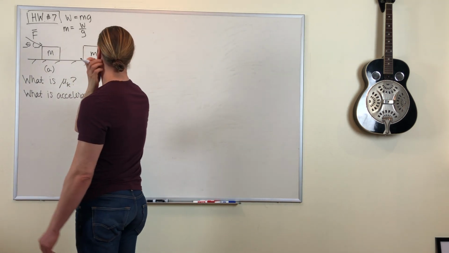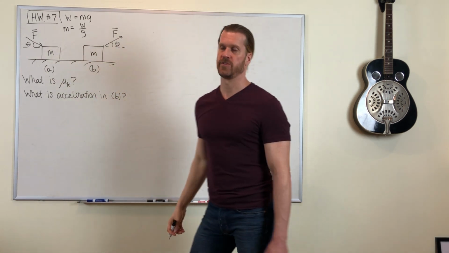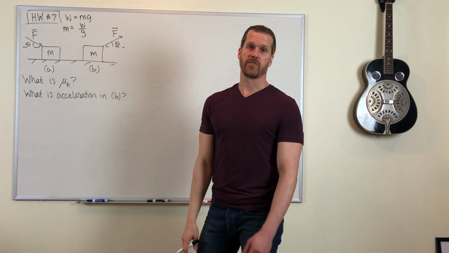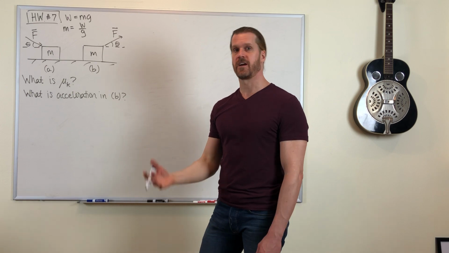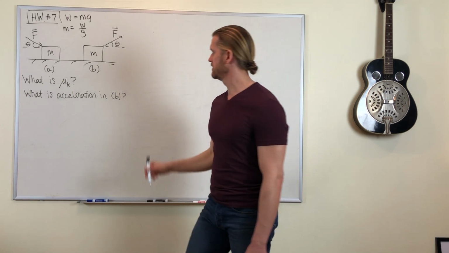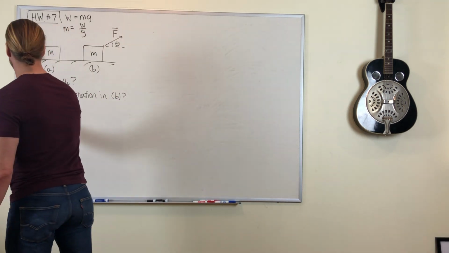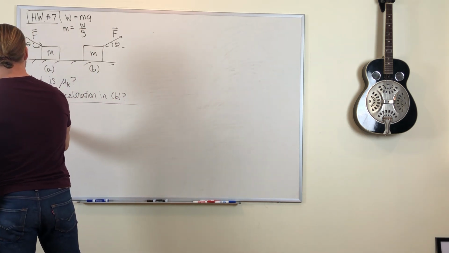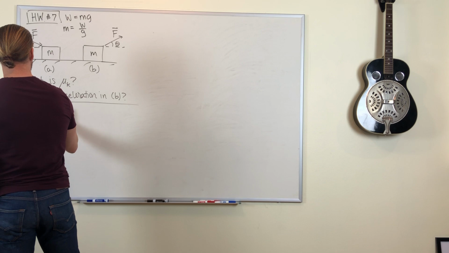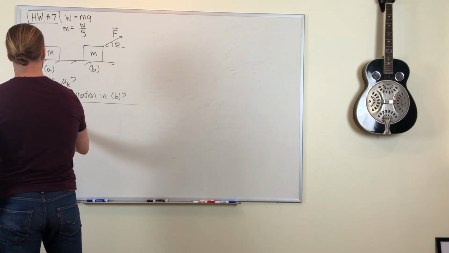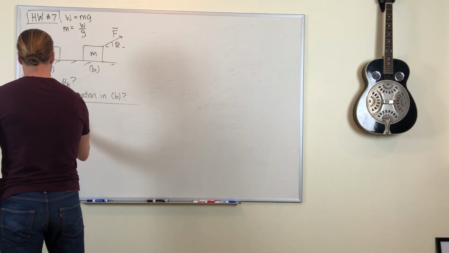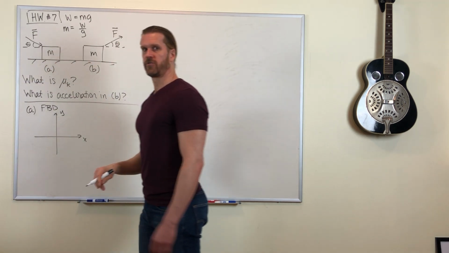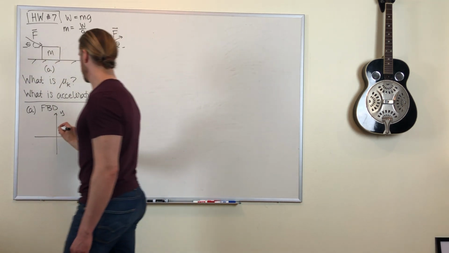So let's answer this first question. What's the coefficient of friction between the box and the floor? Well, I'll analyze this using our standard free body diagrams, Newton's second law procedure. So here's situation A, and here's the free body diagram. Horizontal, vertical coordinate system.